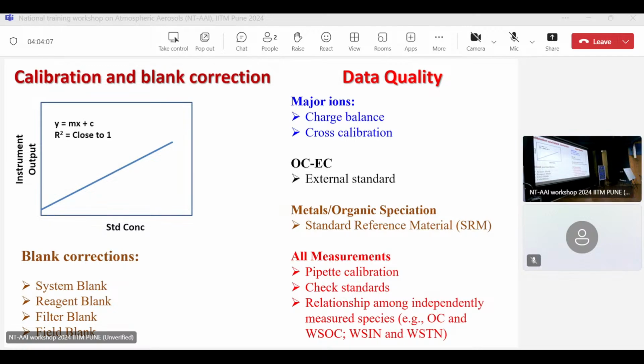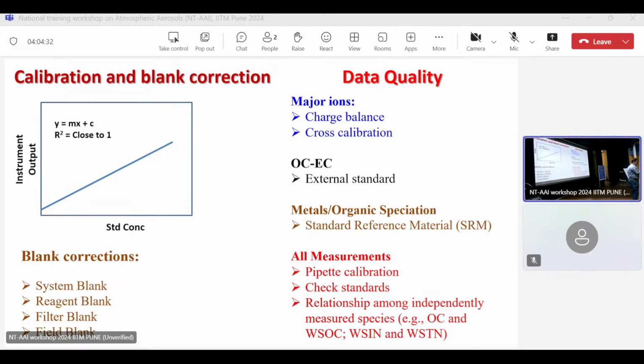One what? 1 gram per centimeter cubed. That means if we take 1 ml of water, its weight should be 1 gram. It is a 1 ml pipette. I took the beaker, tared it, and added 1 ml, and see what the reading is. If it is coming 0.999 or 1.001, fine.